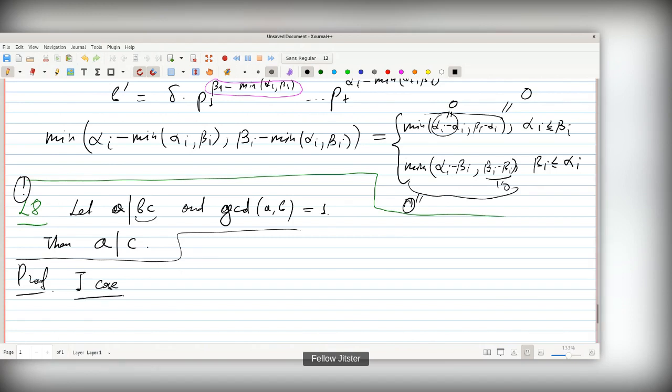The first case is when C equals 0 or A equals plus or minus 1. You know 0 is divisible by everything, while 1 and minus 1 divide everything. So everything is okay here. It is trivial.